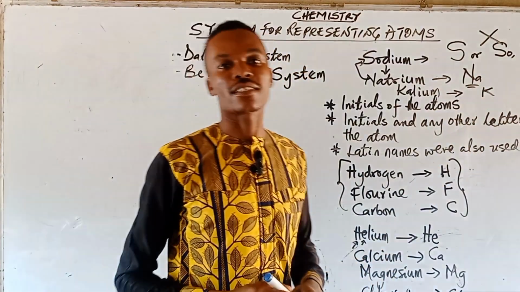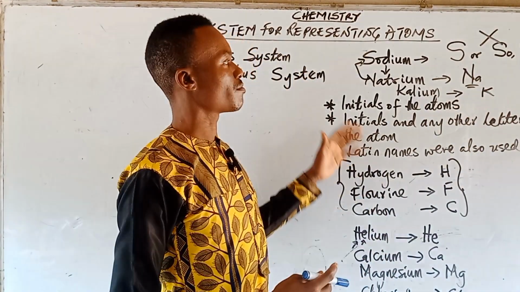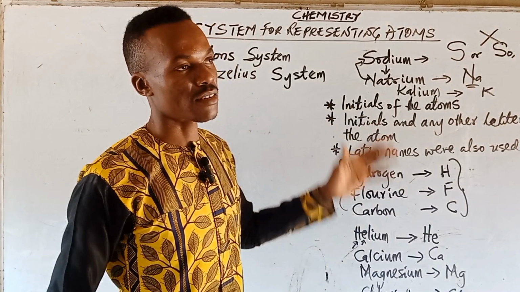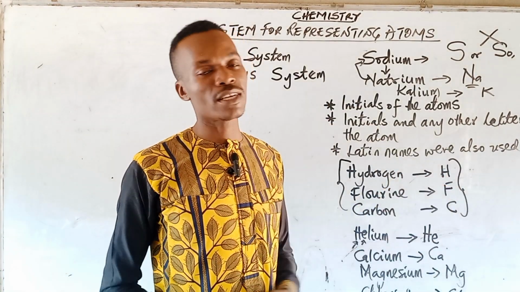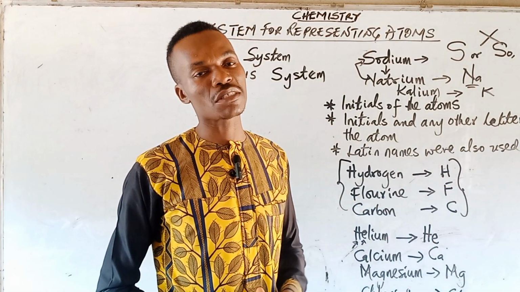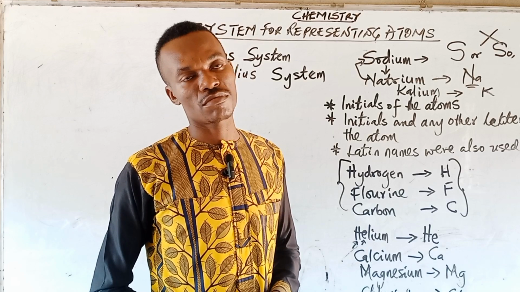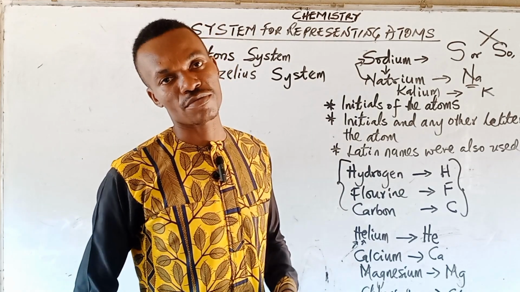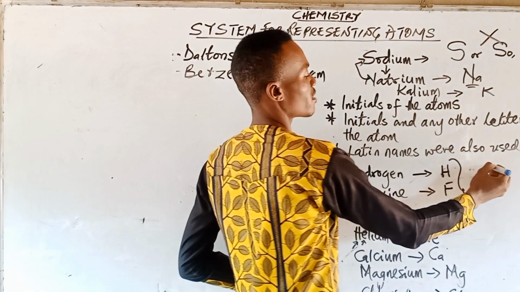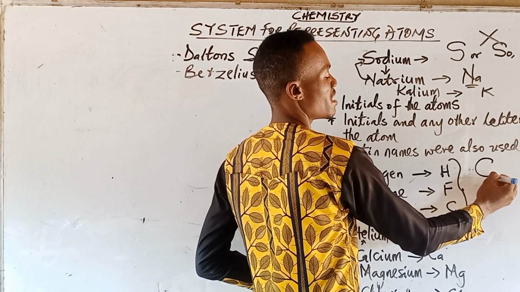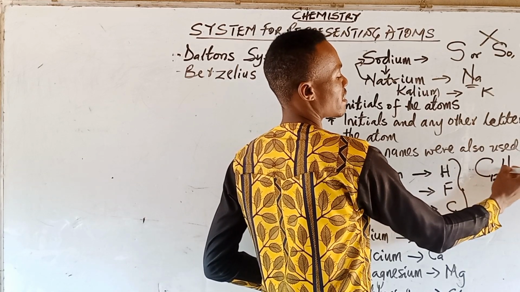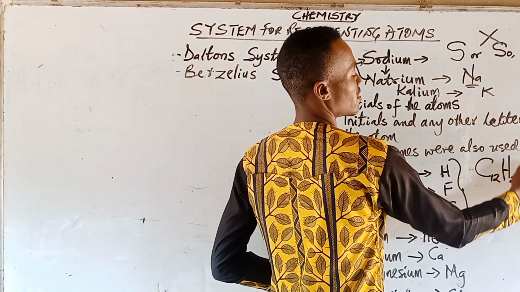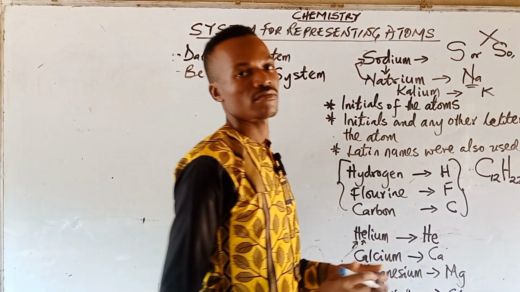Now, you see that in the case of the Berzelius system, representing complex elements was very simple, unlike in the case of Dalton. So if we have sucrose, sucrose is easy to be represented. Very simple.